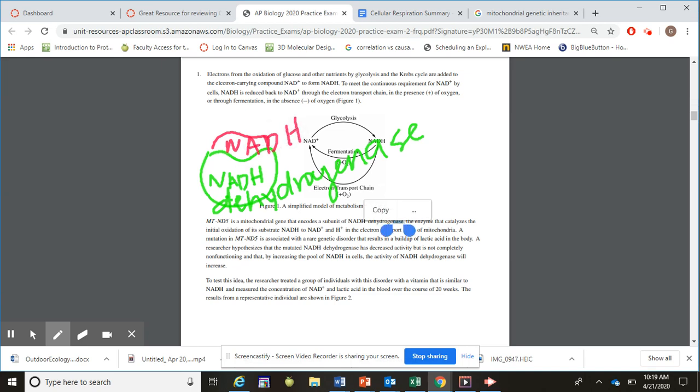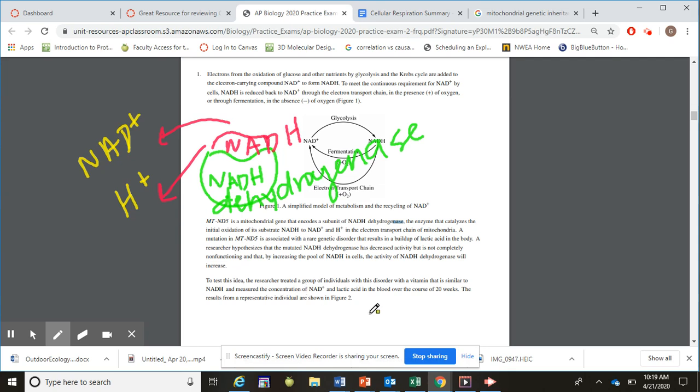And then our products, what's going to be produced after that breaks down, it's going to turn into NAD+ and H+. So here our green is our enzyme, our substrate is the red, and then our products are the yellow. So just kind of keep that in mind as we read through it.